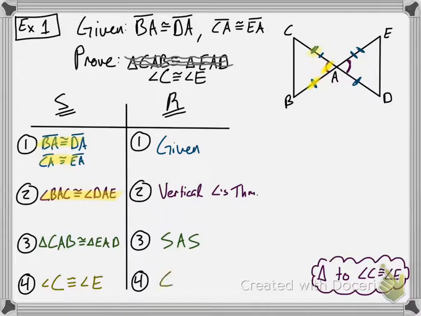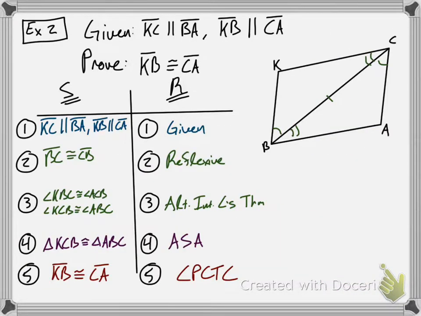And our reason here will be CPCTC. Those corresponding parts of congruent triangles are congruent. So here we're just adding an additional phase to our three-phase process. Okay?